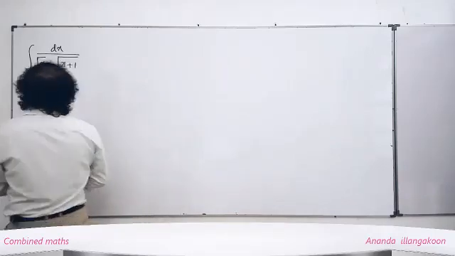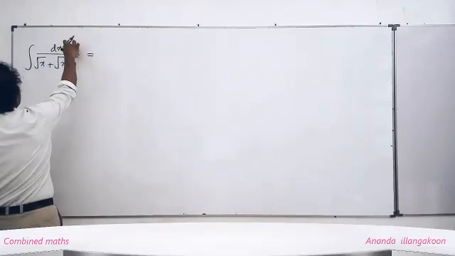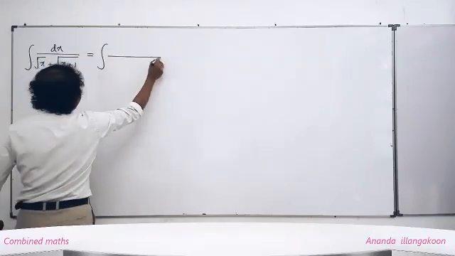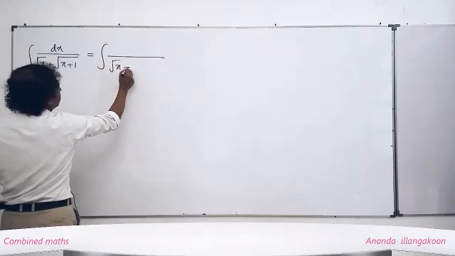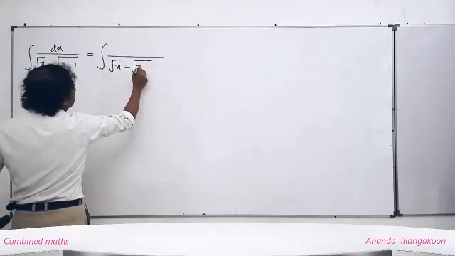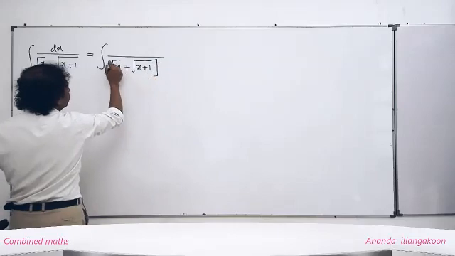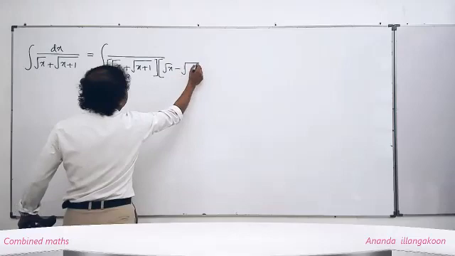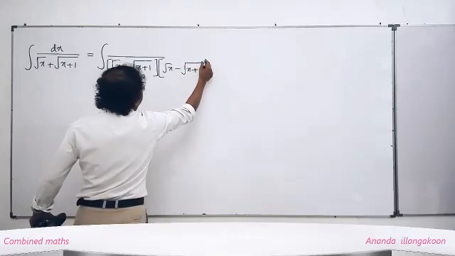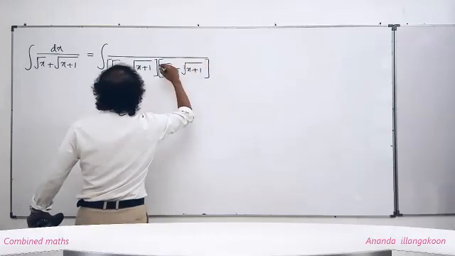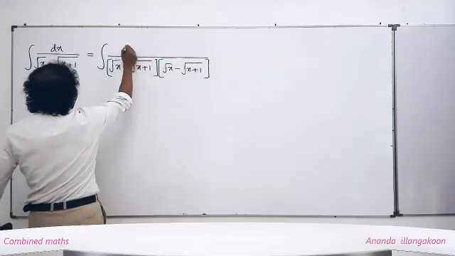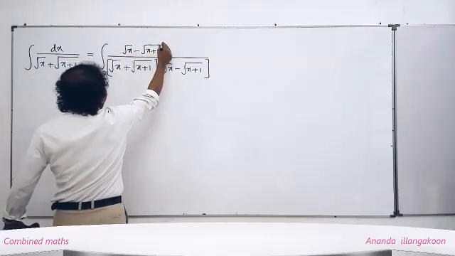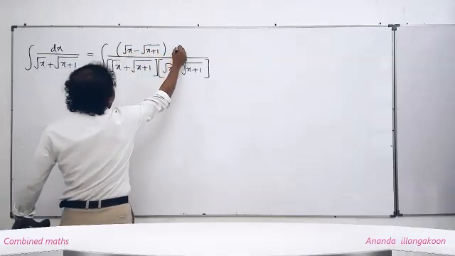Right, people, now here I multiply both this numerator and denominator by the conjugate of this denominator. The conjugate of the denominator is going to be root x plus 1 and root x minus root x plus 1, dx.